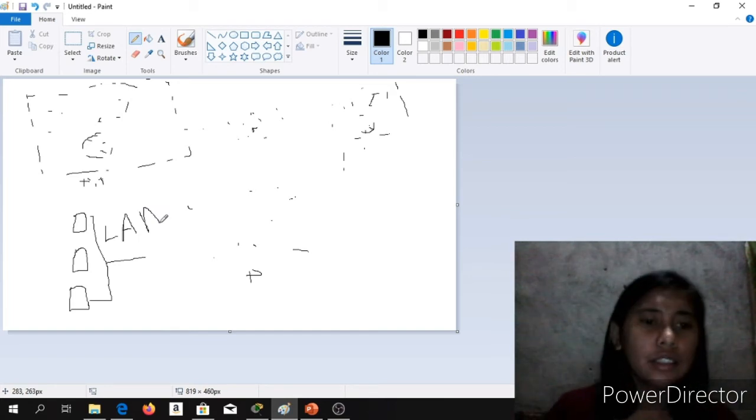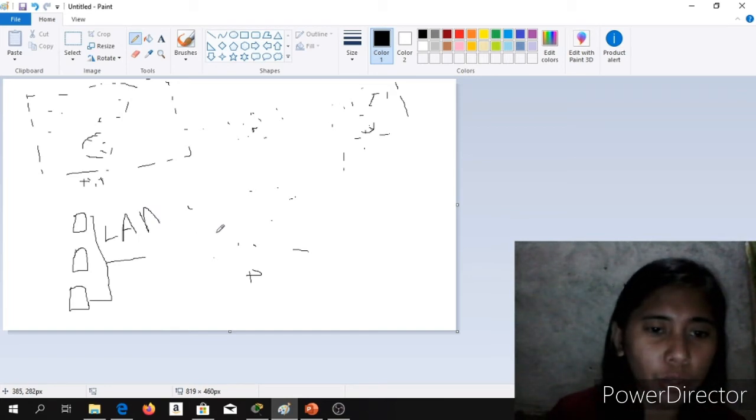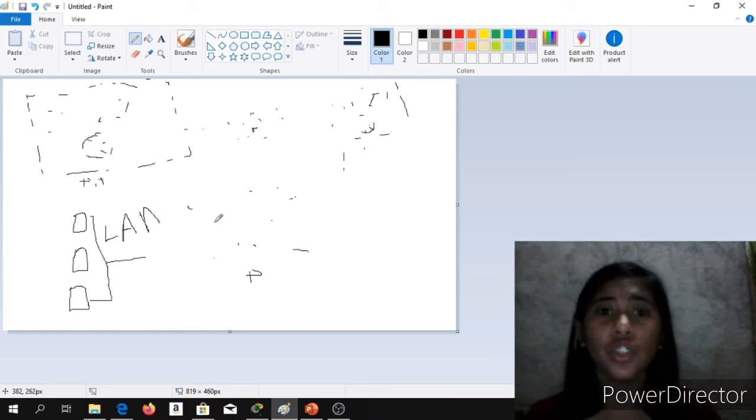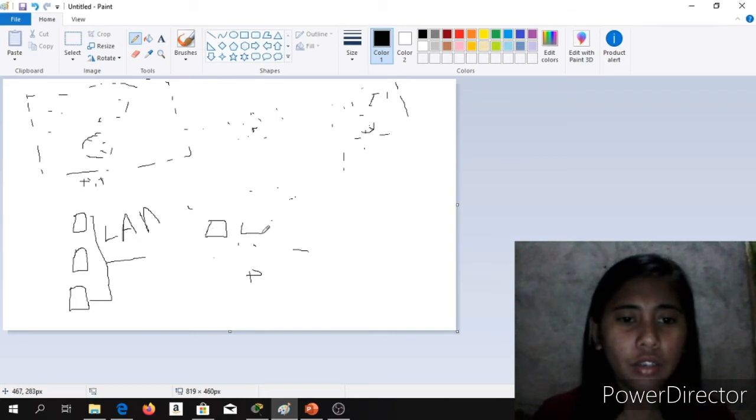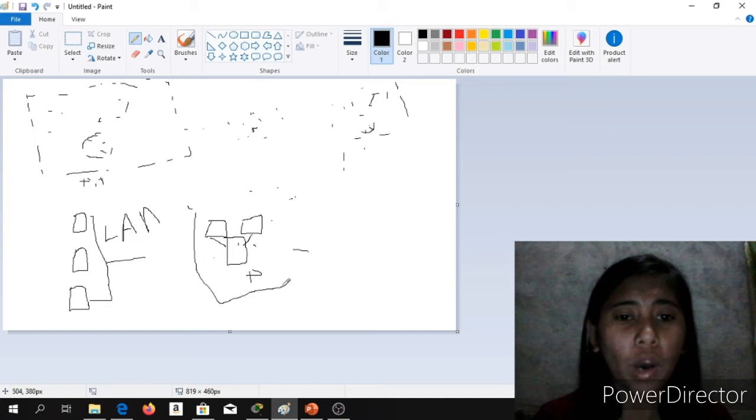And this LAN is connected to the other connections in the devices or computers in 1.